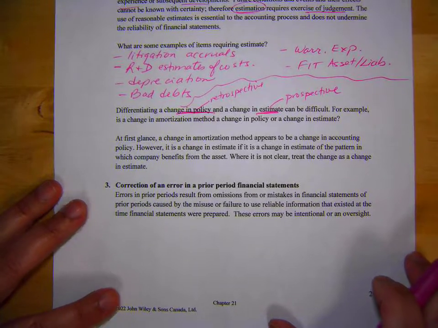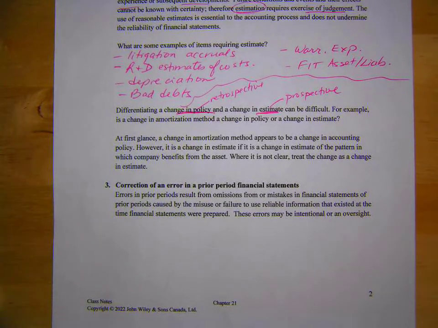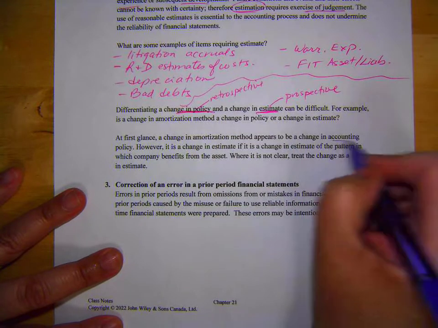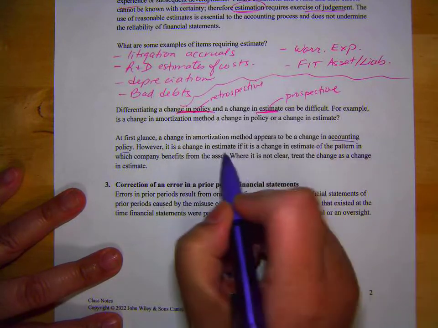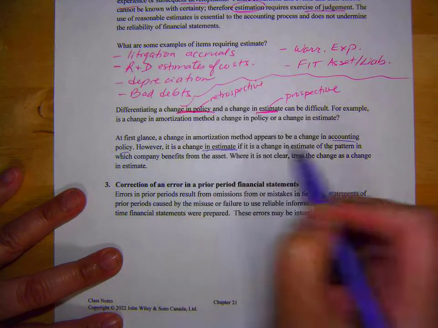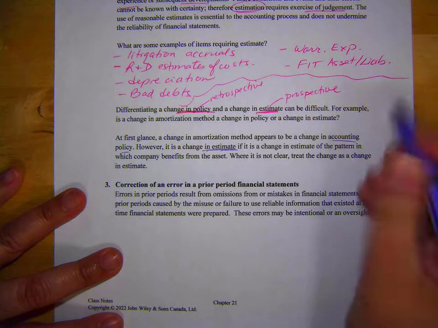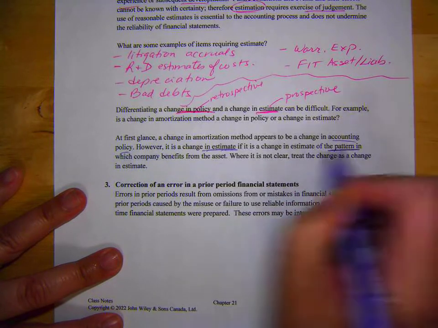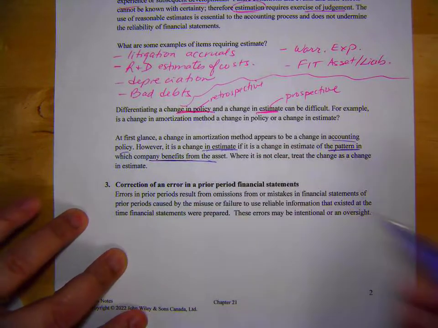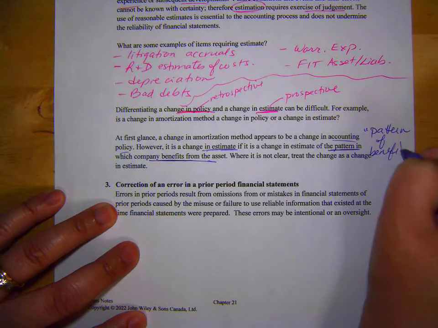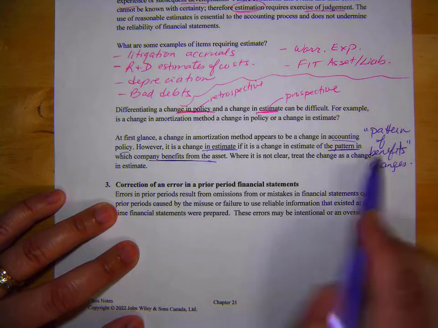So, at first glance, it appears to be a change in accounting policy, but if it is a change in estimate, what does that say? If it's a change in the pattern of benefits, okay? So pattern of benefits changes, then it would be a change in estimate. Okay, so those ones, we'll go through an example that has more specific stuff in that.